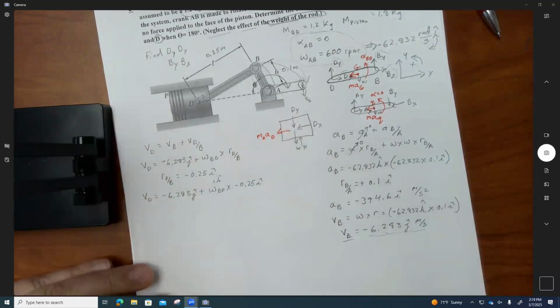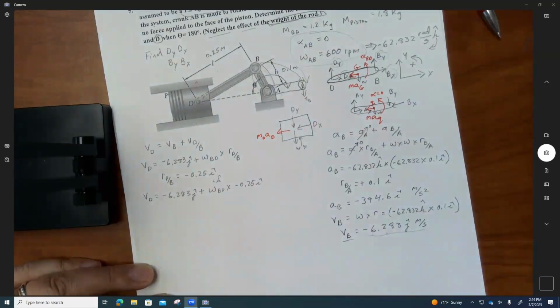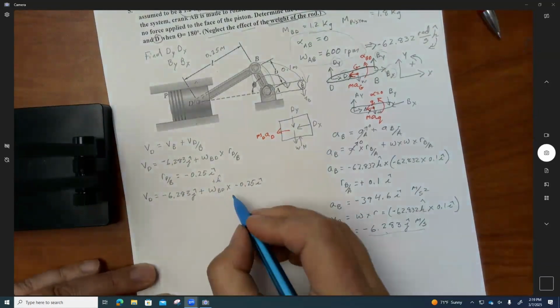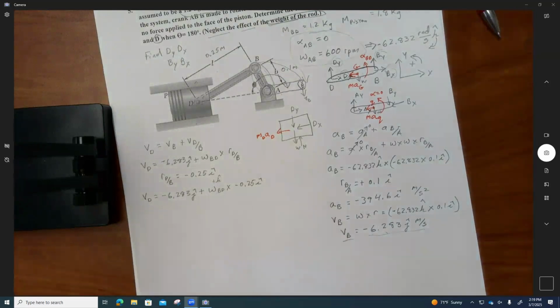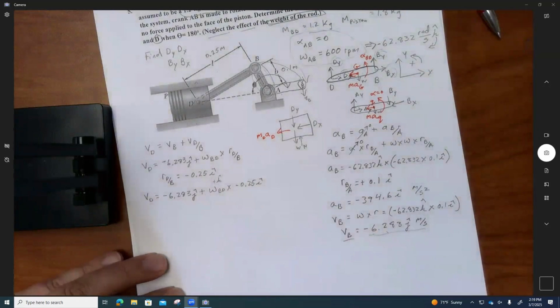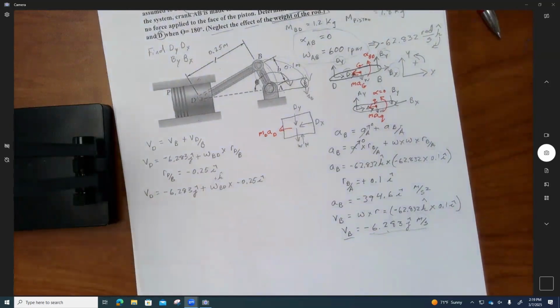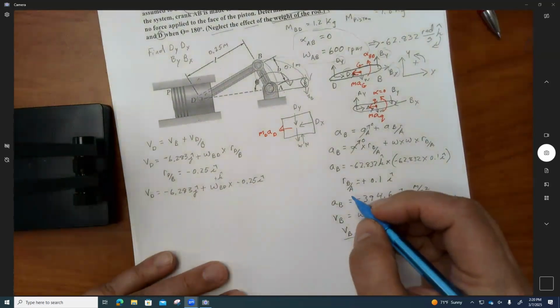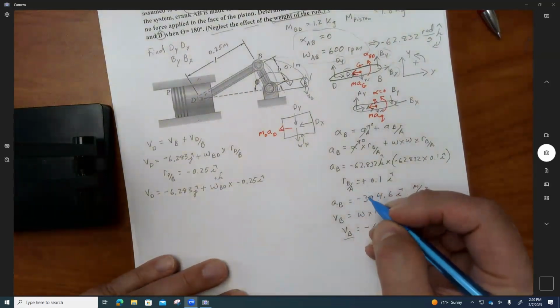If I look at working this cross product, a plus K and a minus I is going to give me a minus J component.